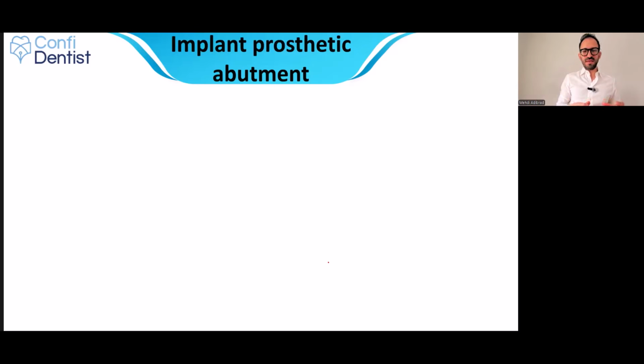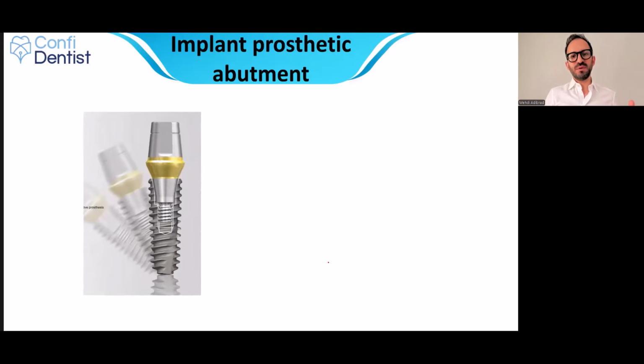After the healing, as I said, we remove the healing abutment or cover screw. If it's a cover screw, we replace it with a healing abutment. Eventually, the healing abutment is removed and the implant prosthetic abutment is placed, and it gets screwed by the prosthetic screw to the implant fixture.